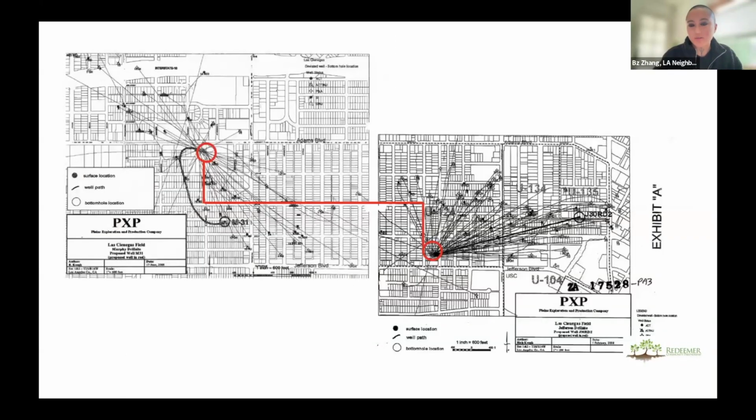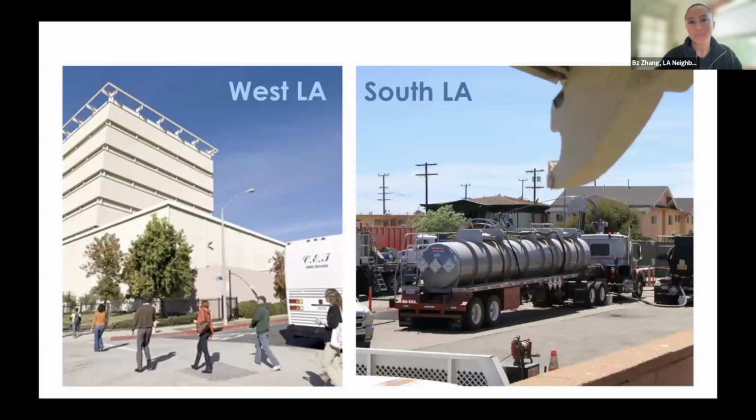I like to show these images quickly as well because they demonstrate the much larger footprint of some of these brownfields, particularly in Southern California and other areas with oil history. This shows the extent of the oil wells originating from one site, and ours is the one on the bottom right.